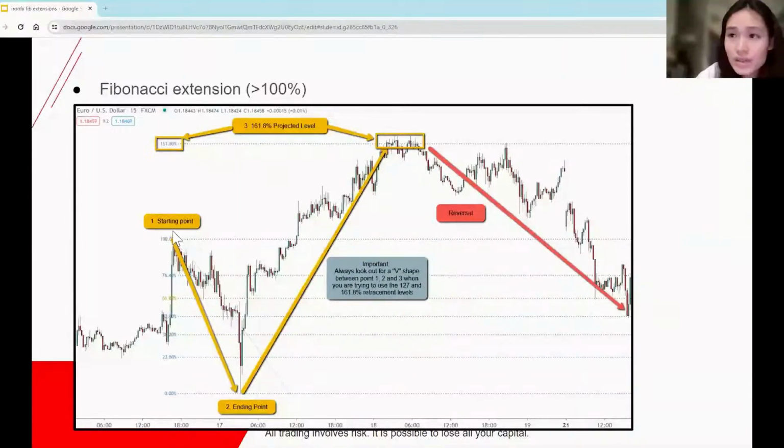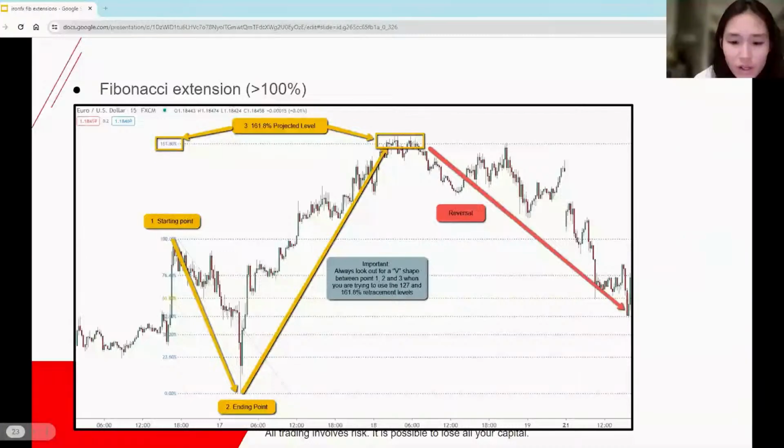How you draw your trend line is you're basically drawing the head of the tick. Okay, and the projected level is either 127.2 or the 161.8 like we see here. So price has broken out of the 127, so we're projecting it to bounce off of the 161.8, which it did, and results in a reversal over here.